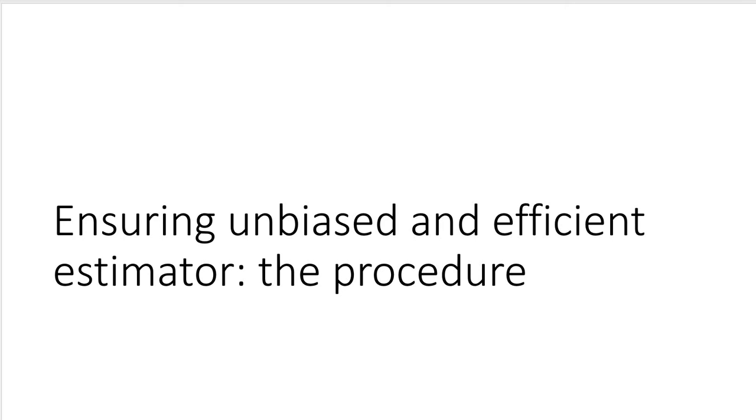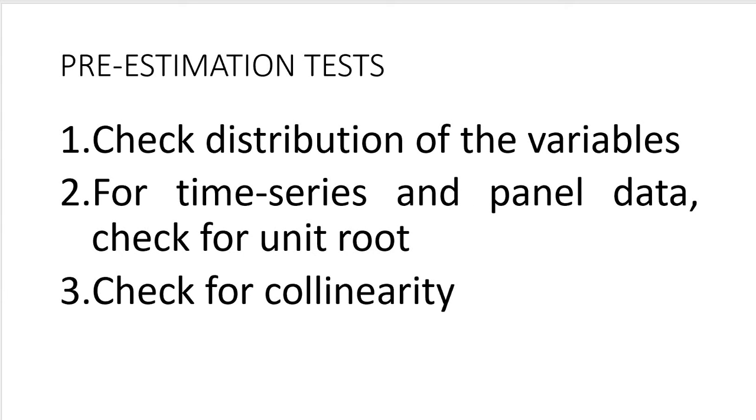First of all, you should go for pre-estimation tests. You have to check distribution of the variables, because if data are not distributed normally, especially for the dependent variable, there might be some problems with getting the reliable output.